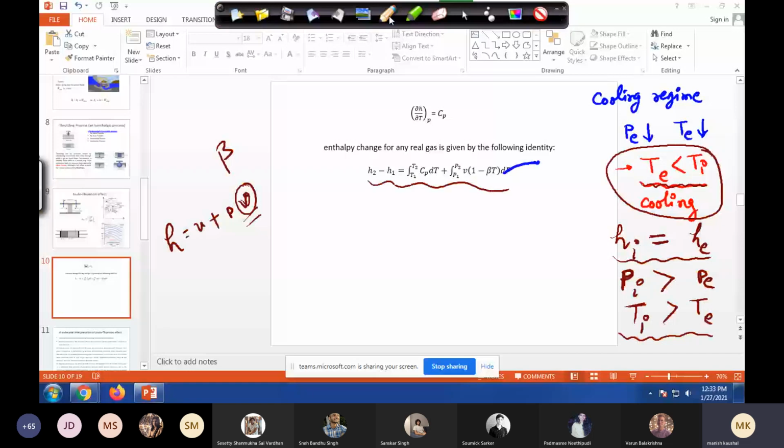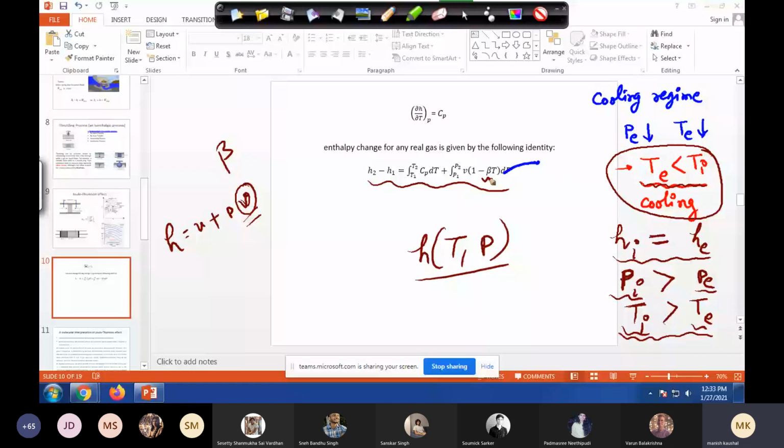Those who are not clear what our confusion is: Pi is greater than P, Ti is greater than T, and if we only assume that H is a function of T and P, then Hi should be greater than He, but that's not true. Hi is remaining constant. So there is something else, and that something else is beta. So through this simple H as a function of T and P, we cannot explain mathematically why cooling occurs.